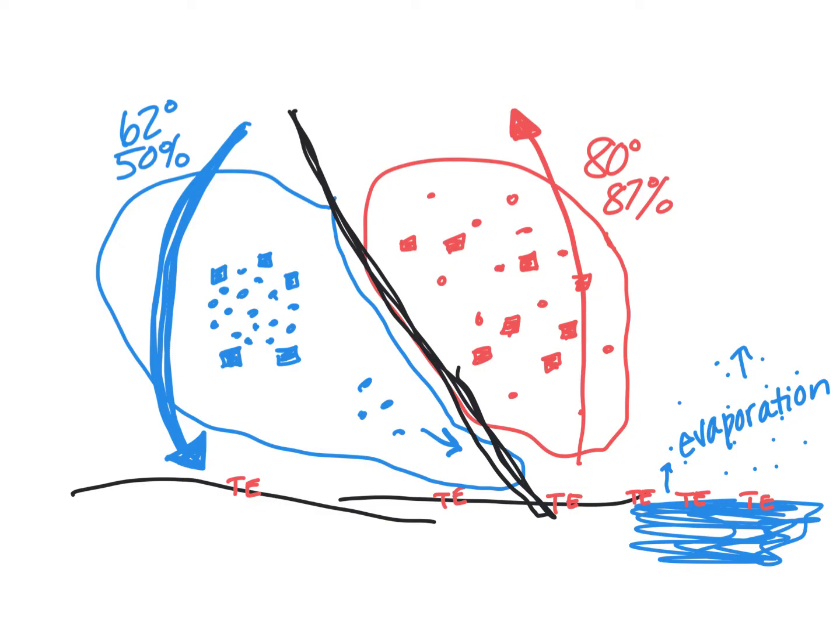Now, this also causes the water vapor to condense onto those pieces of dust and dirt and debris and pollution that are in the air. This causes clouds to form.